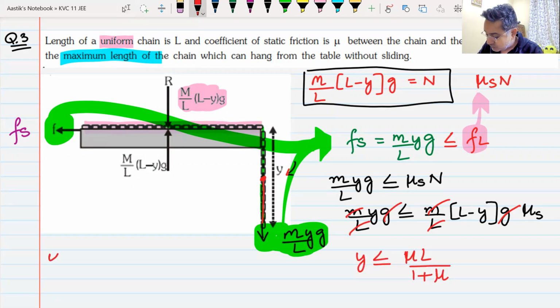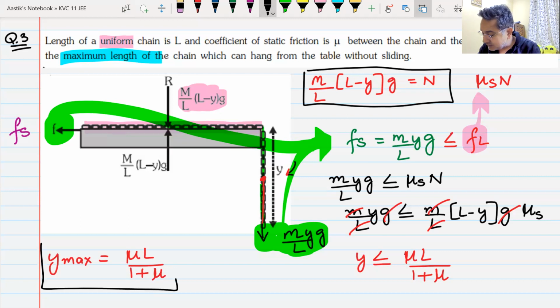From there, you can find the maximum value by equating it. y max will be equal to mu L upon 1 plus mu. Whatever questions we are doing, beta, if you can remember their results, even if you don't remember how we are solving it, it's the results that are going to matter.